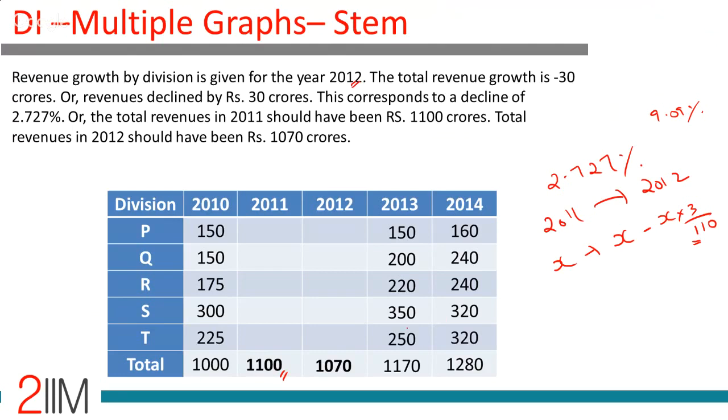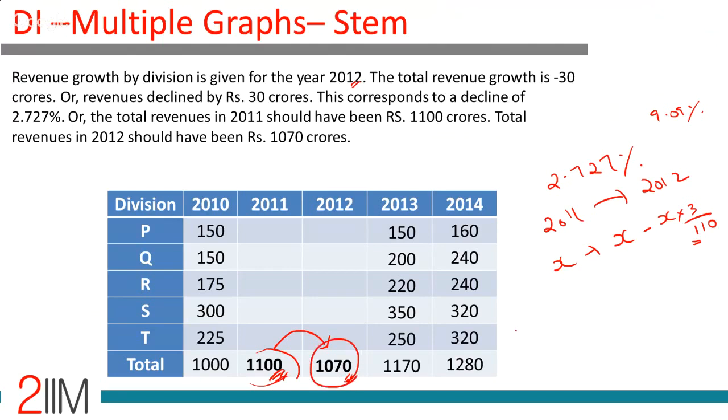Or if we know this is 1070, we can know that this is 1100. So we know from here to here, we have seen a decline of 2.72%. So we can find this total number and this total number, both of them.